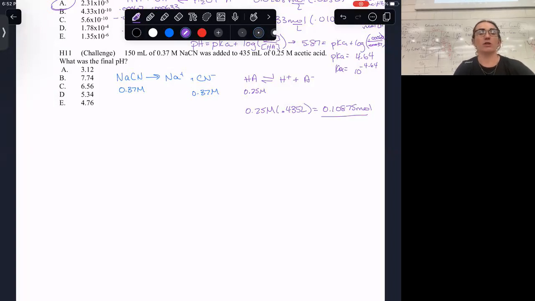Our total volume here is 150 plus 435, which is 0.585 liters. So now HA is 0.189 molar, right? So we see a reduction in that concentration, which makes sense because we're adding more volume. Okay.